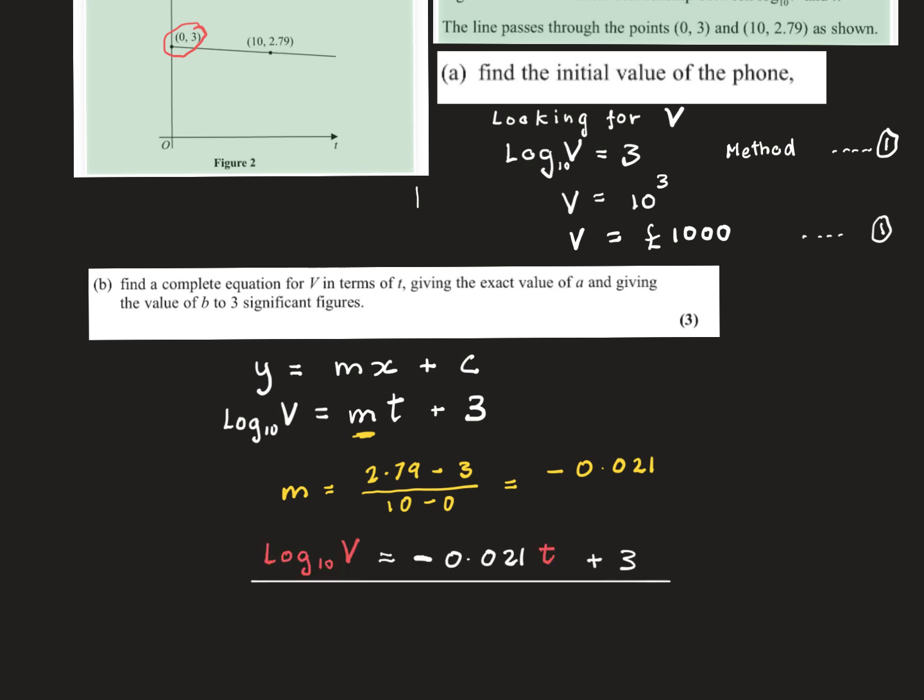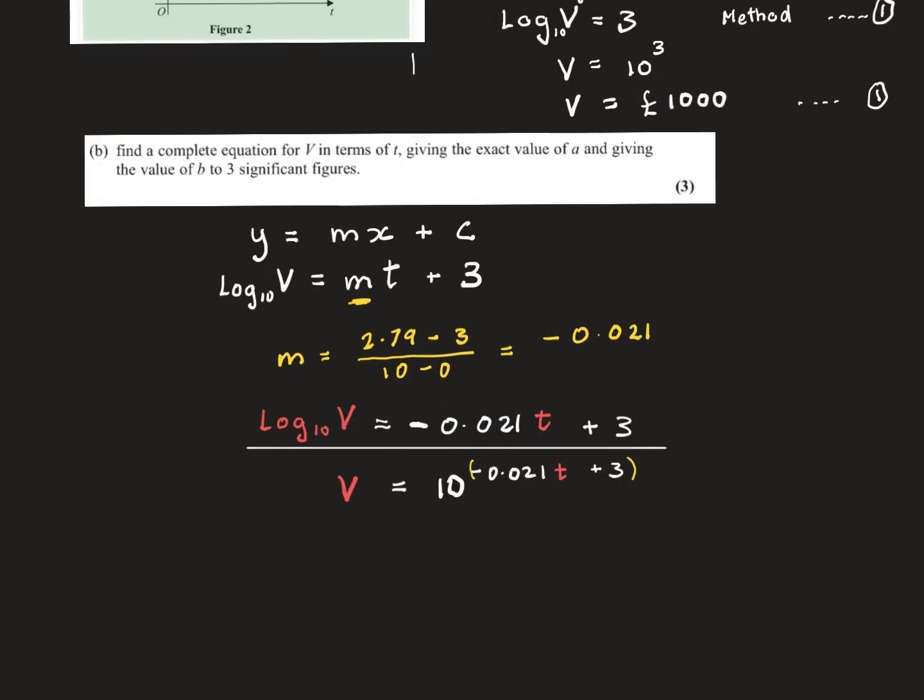That's lovely, but we want this equation to be in the exponential form, V equals AB to the power of t. We can change this by changing the log form into a power form. This just becomes algebraic working out. If you have a power which is x plus y, you can split it up by saying it's 10 to the power of x times 10 to the power of y.